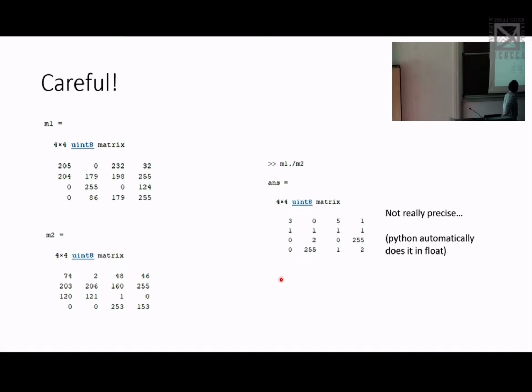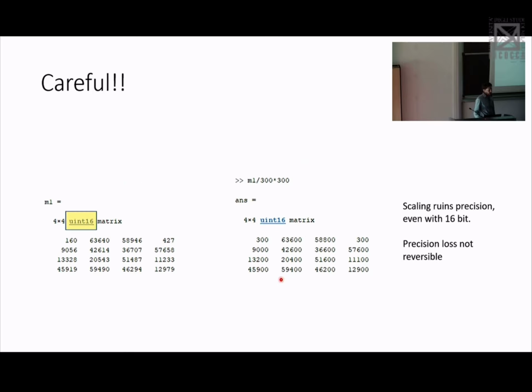If you do 200 divided 70, it gives you 3. If you do 86 divided by 0, you get 255. And I did this in MATLAB because actually in Python, it forces the results in float. Then you can do float and then round it again, but it's a different concept.